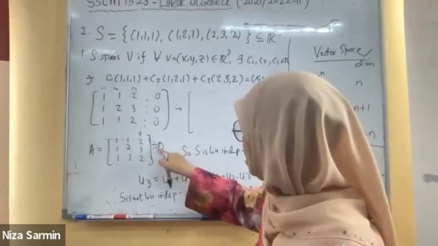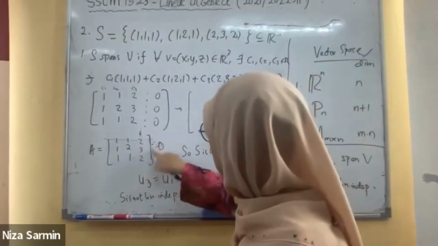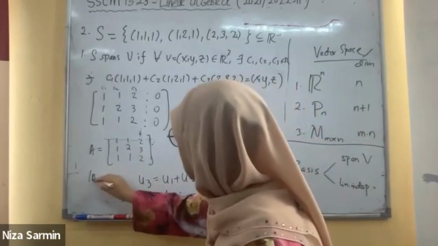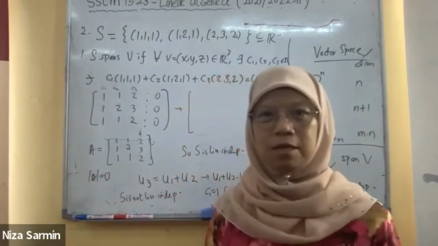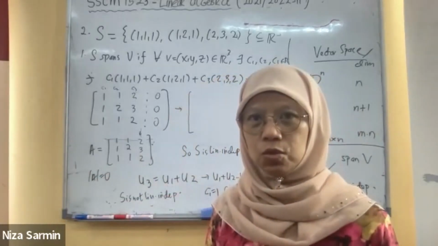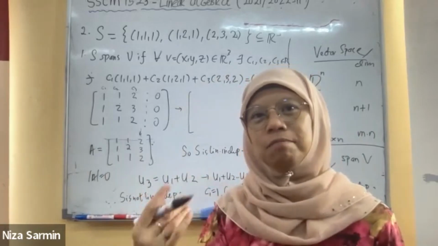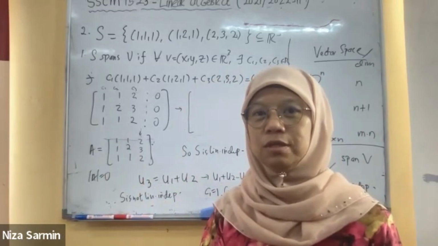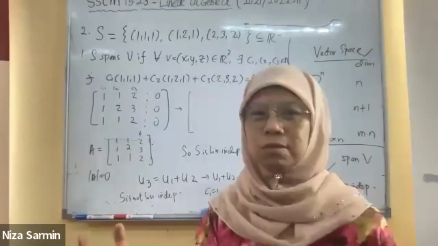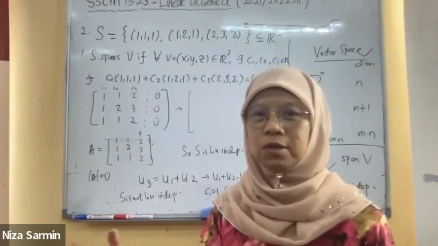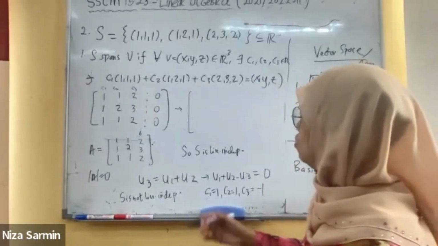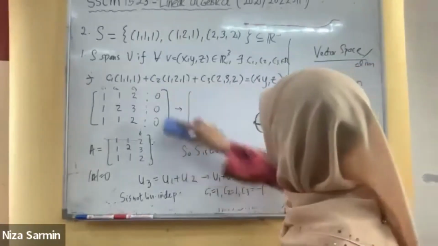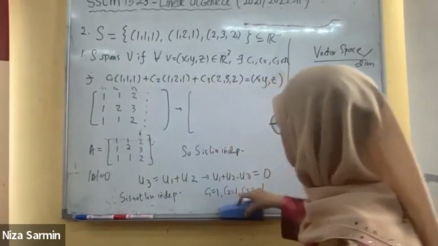If you find that the determinant A is 0, then it might get many solution kan, not unique solution. So now confused. Macam mana nak kata sistem konsisten ke apa ke? But if you, ni siapa letak 0, 0, 0 ni?